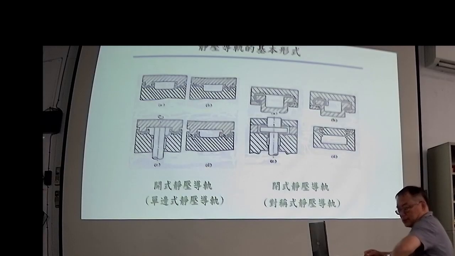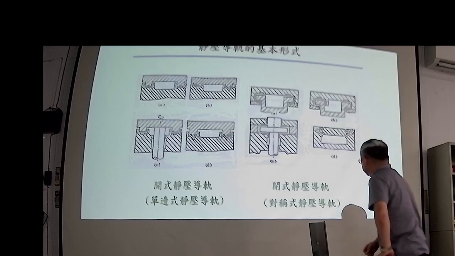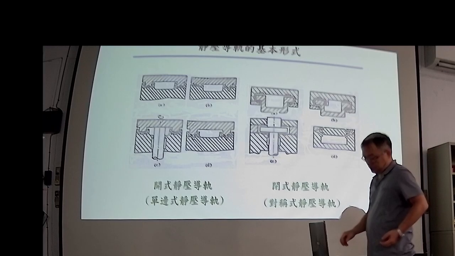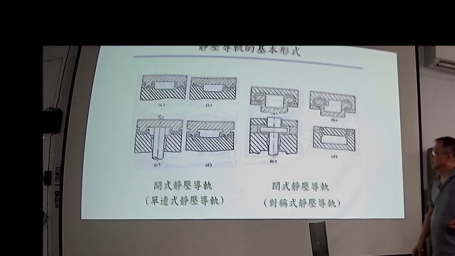So this is the closed form isostatic bearing. This is the closed form guideway system. So you see, this is the recess for the hydrostatic bearing.